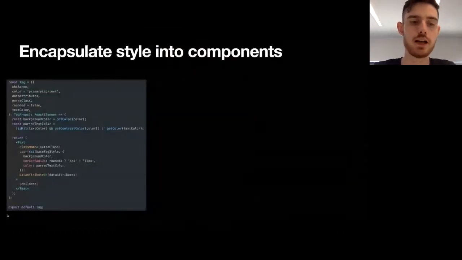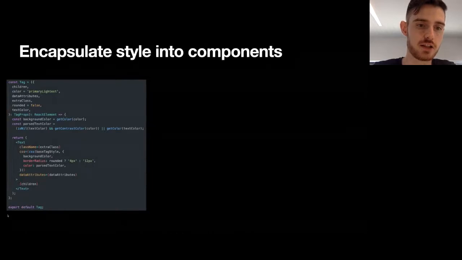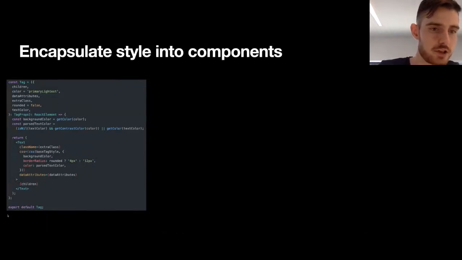Let's talk about why CSS and JS in general is useful for what we do. It allows us to encapsulate styling into components. Now, I don't know if this is particularly easy to read, but this is a screenshot of one of our components. And you can see the syntax here is there's an additional CSS prop.